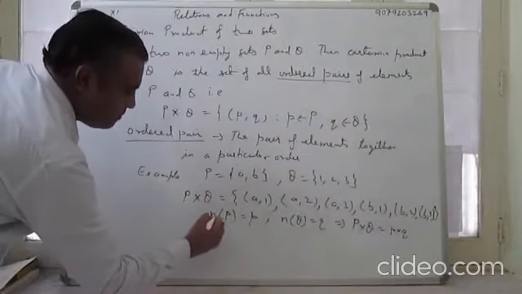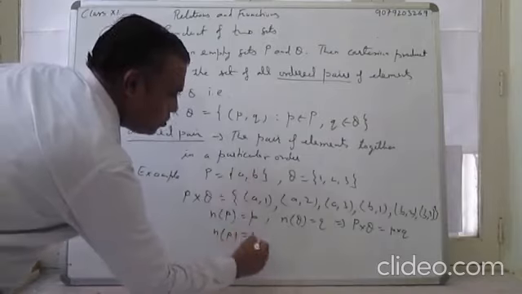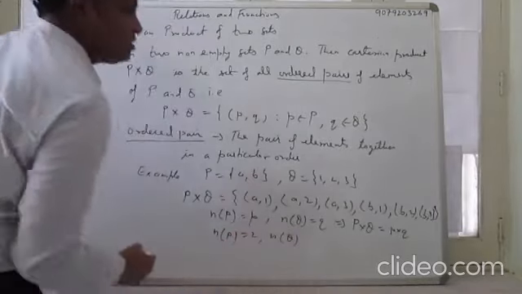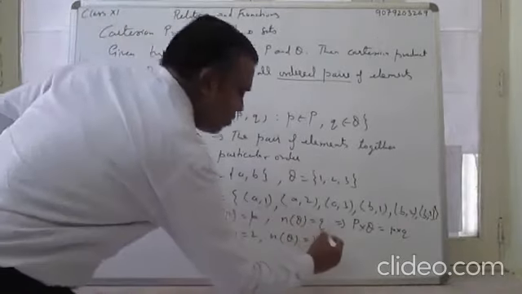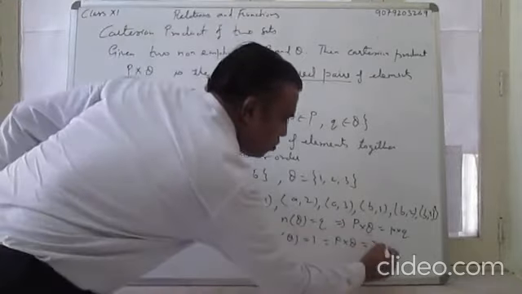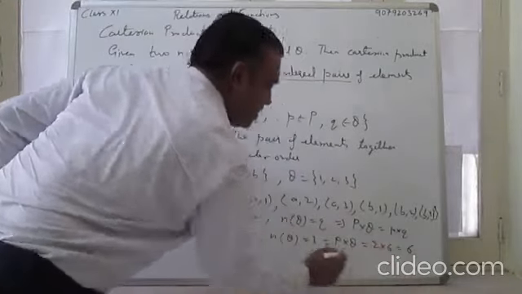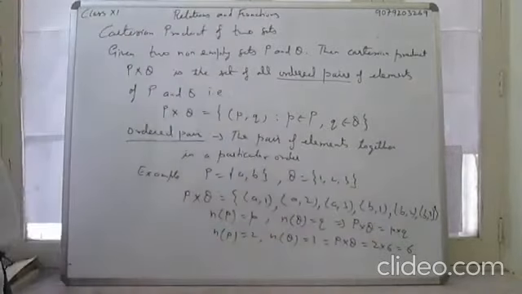Suppose here the number of elements in P is 2 and in Q is 3. Now P cross Q is 2 into 3. How many ordered pairs? 6. Now you count it here: 1, 2, 3, 4, 5, 6 ordered pairs are there.